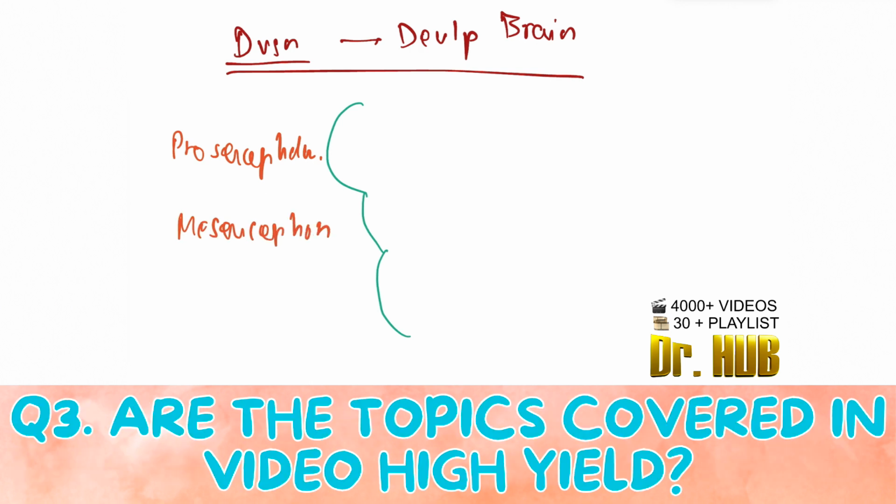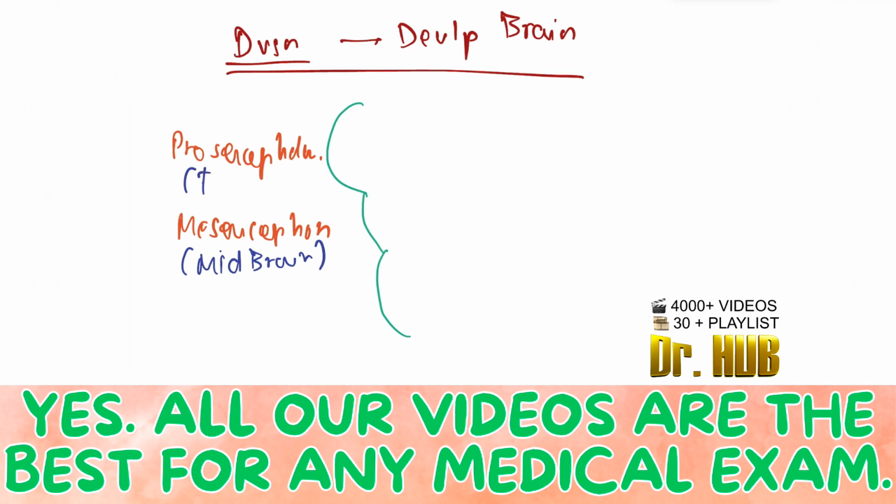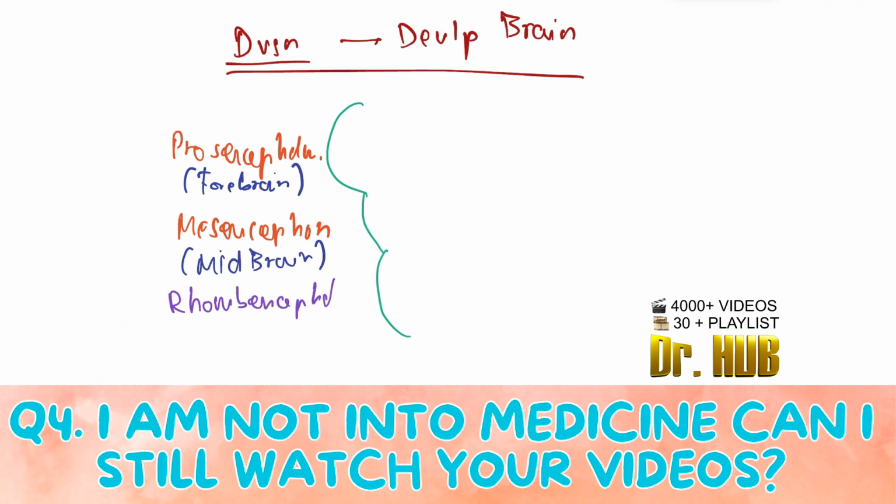The mesencephalon is nothing but the midbrain, the proencephalon is the forebrain, and the rhombencephalon is the hindbrain.